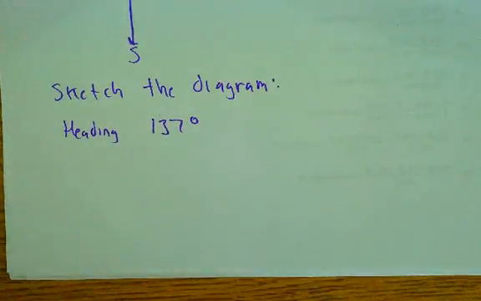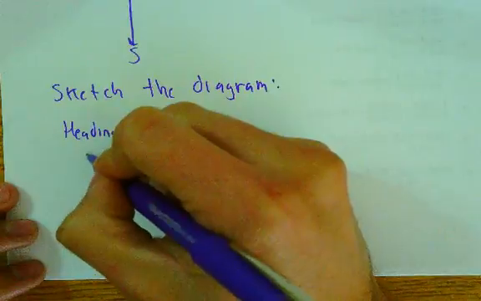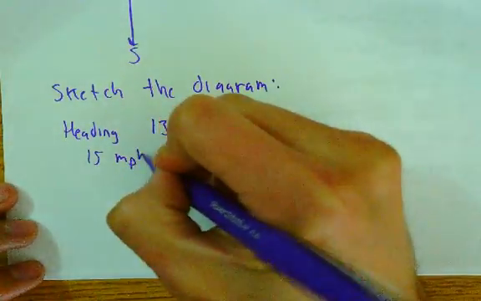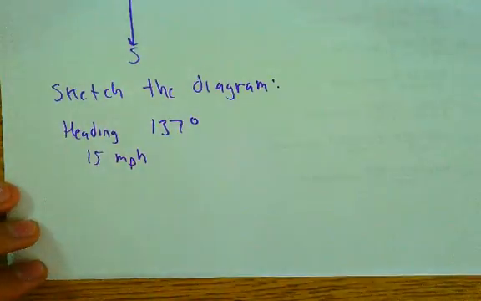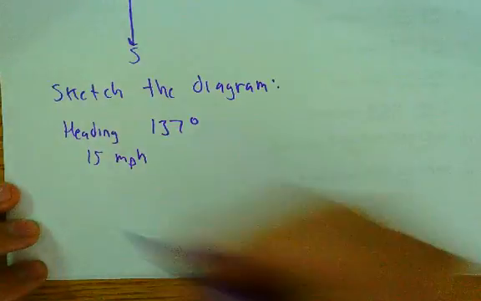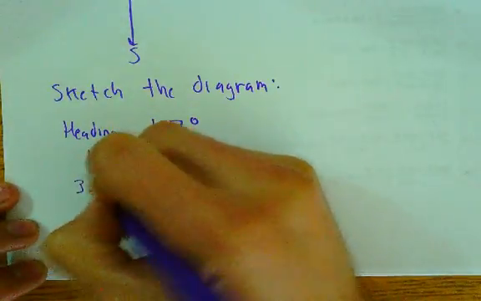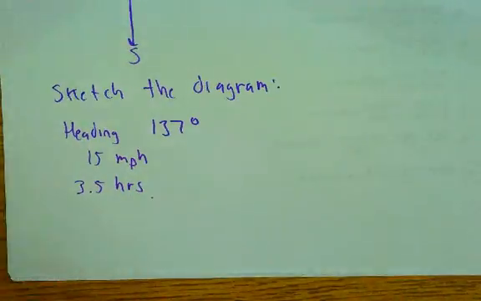He's riding his bike at, I don't know, 15 miles per hour. And he rides his bike for 3.5 hours. Where is he located? I need a sketch of this. So I'm going to explain to you how you would go about this, okay? So Parker's heading on 137 degrees at 15 miles per hour for 3.5 hours, okay?